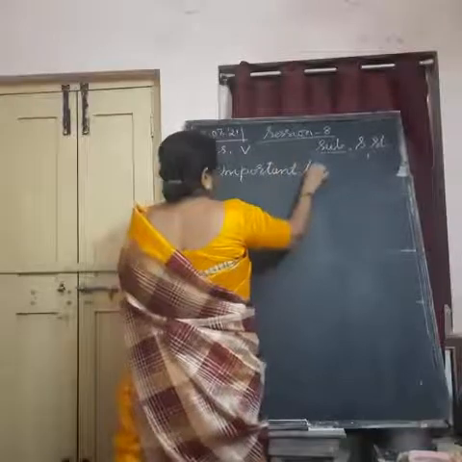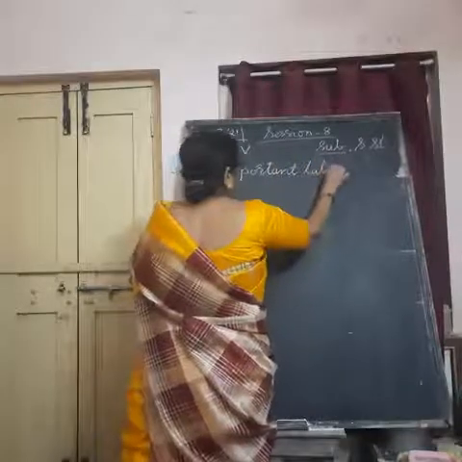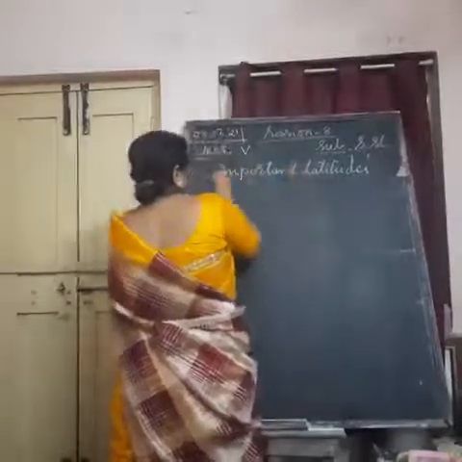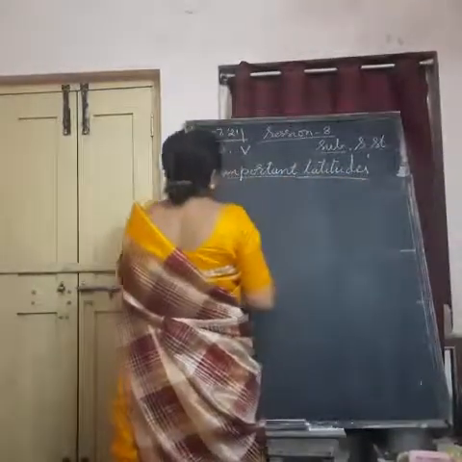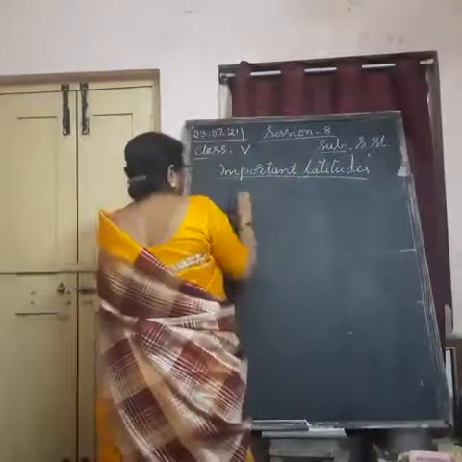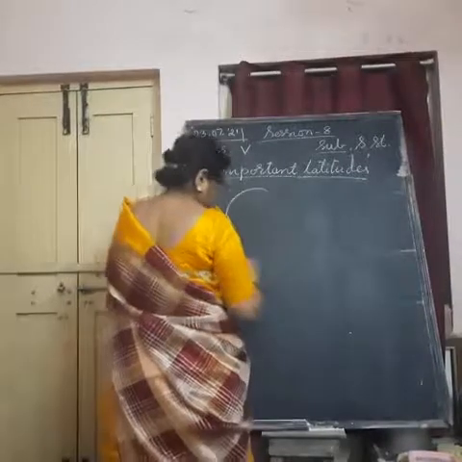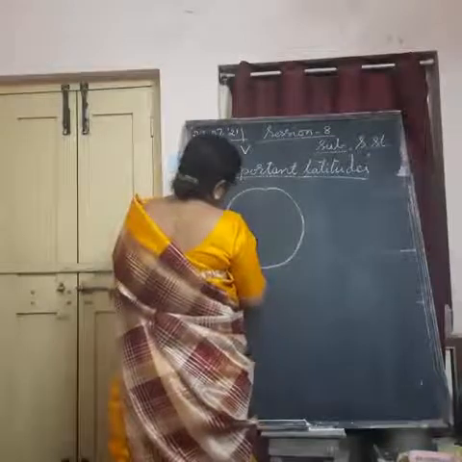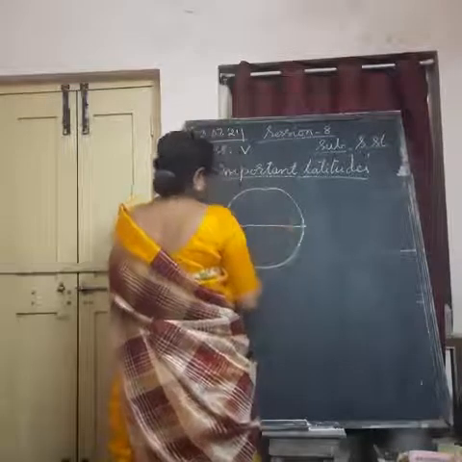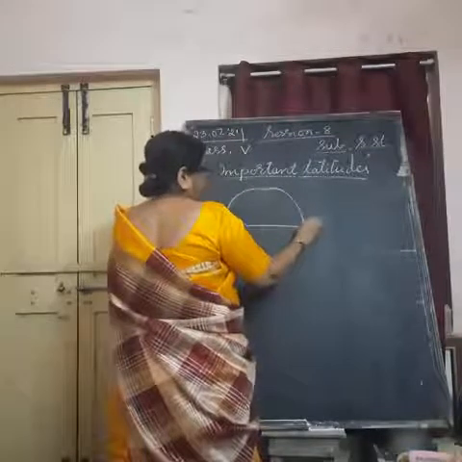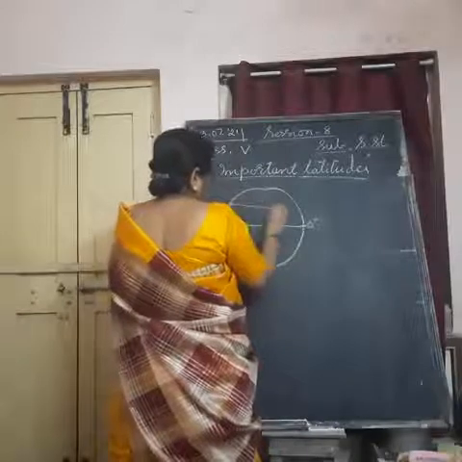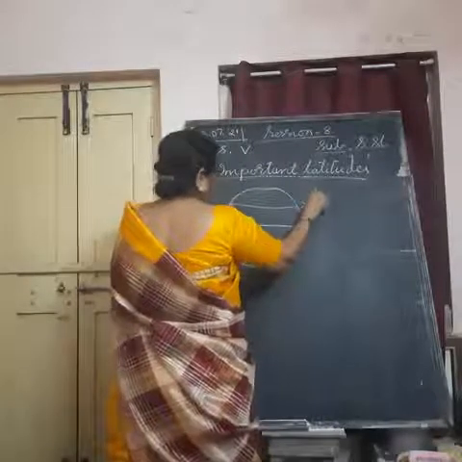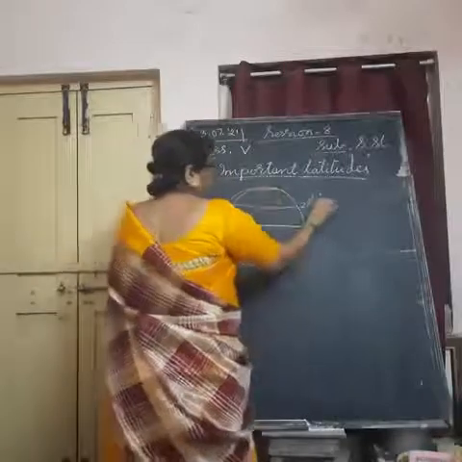Important latitudes. Okay. These important latitudes, let me show you first. I am showing in the form of a straight line. 23.5 degrees north.